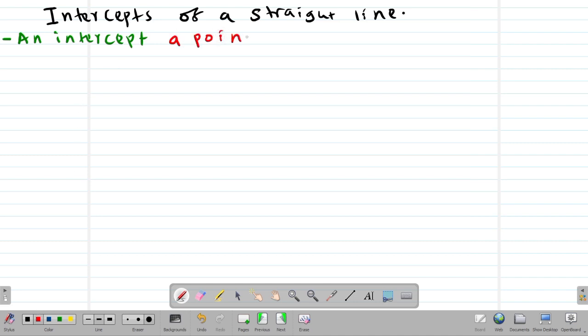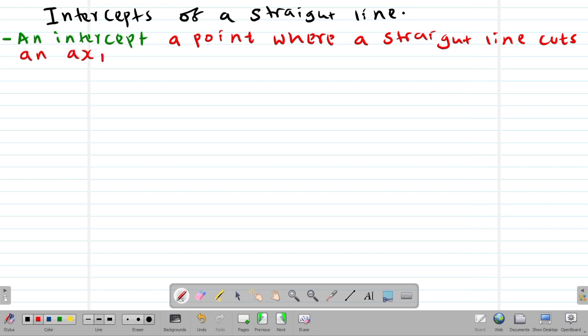It is defined as a point where a straight line cuts an axis. It can be either the x-axis or the vertical axis, the y-axis.